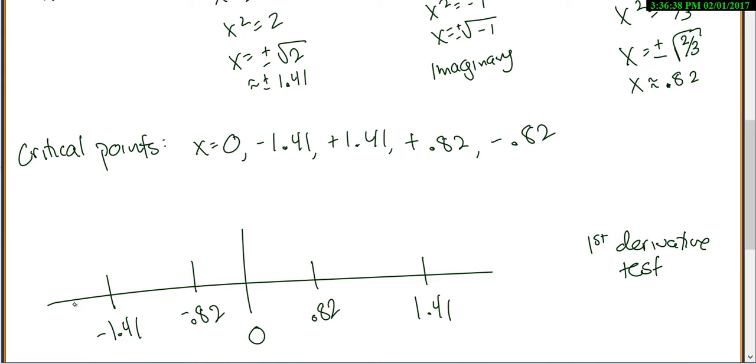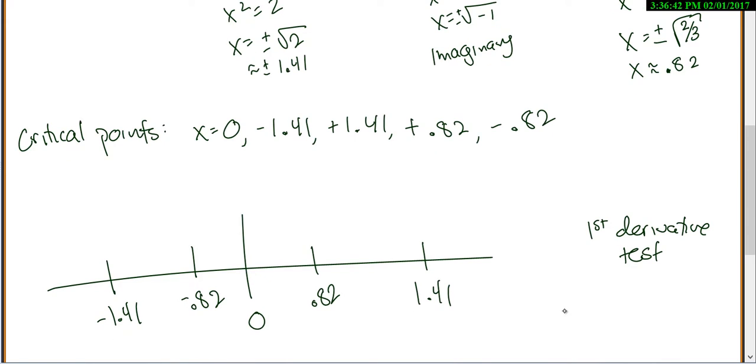And I'm going to do this by picking a number in each of these intervals and plugging it into my derivative. So let's pick negative 2, and you can pick any numbers. These are just ones I'm picking. Negative 1, negative 1/2, 1/2, 1, and 2.